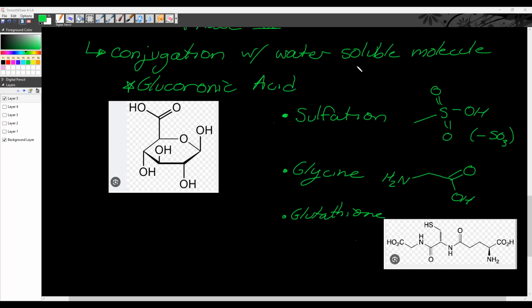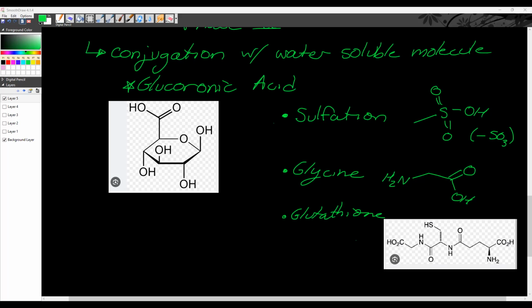But that being said, you should be able to identify these other structures. If you see a molecule that has glycine on it, you should be able to say, oh yeah, that underwent phase 2 via glycination. Same thing, if you see glutathione, it's not so important to understand which are the different amino acids of glutathione. It's more important to just generally look at this and say, okay, that's glutathione. It's making it much more water soluble to get rid of the drug.